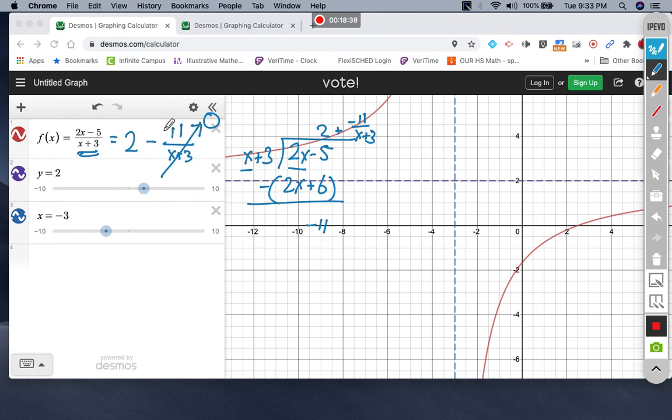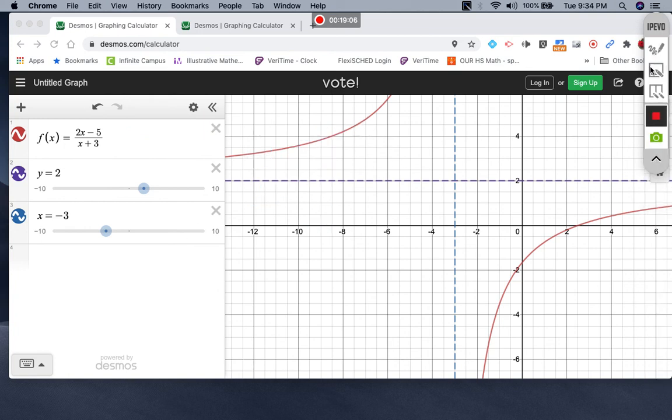In this case, I'm dividing by an x, so I'm going to have a number over x plus 3, or a number over an x, which is going to go down to 0. And if I get a constant here, this will be a horizontal line. If it's not a constant, we'll look at that in the next video, where it's going to start working like a polynomial. But you can maybe get an inkling of what's going to happen here.